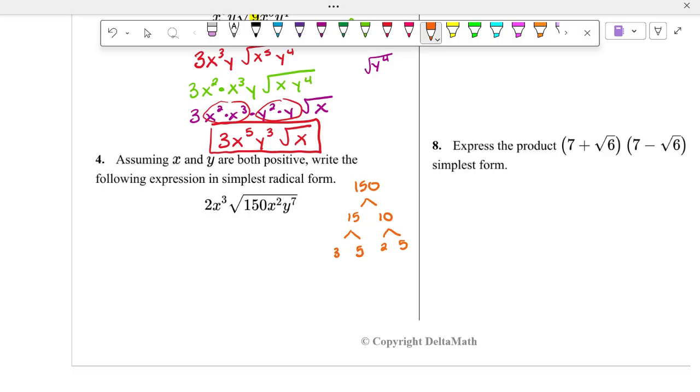3 and 5. Now, since I'm taking a square root, how many of each number repeating am I looking for? 2. What's my group of 2? Right. So if you look at all of your prime factors at the bottom of your branches, you're looking for the one that repeats, which is this one. Remember, we only bring one of those out, because if I multiplied 5 times 5 together, what would that be? 25.